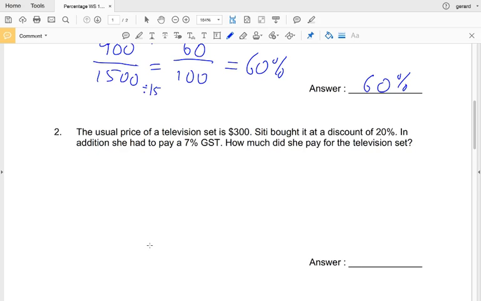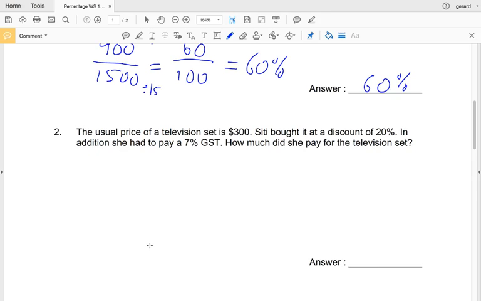Okay, so now the two components here. The first one is a discount. Remember I told you discount means that they're actually paying less than the original amount. Then after that, she has to pay an additional 7% GST. GST means they have to pay more.